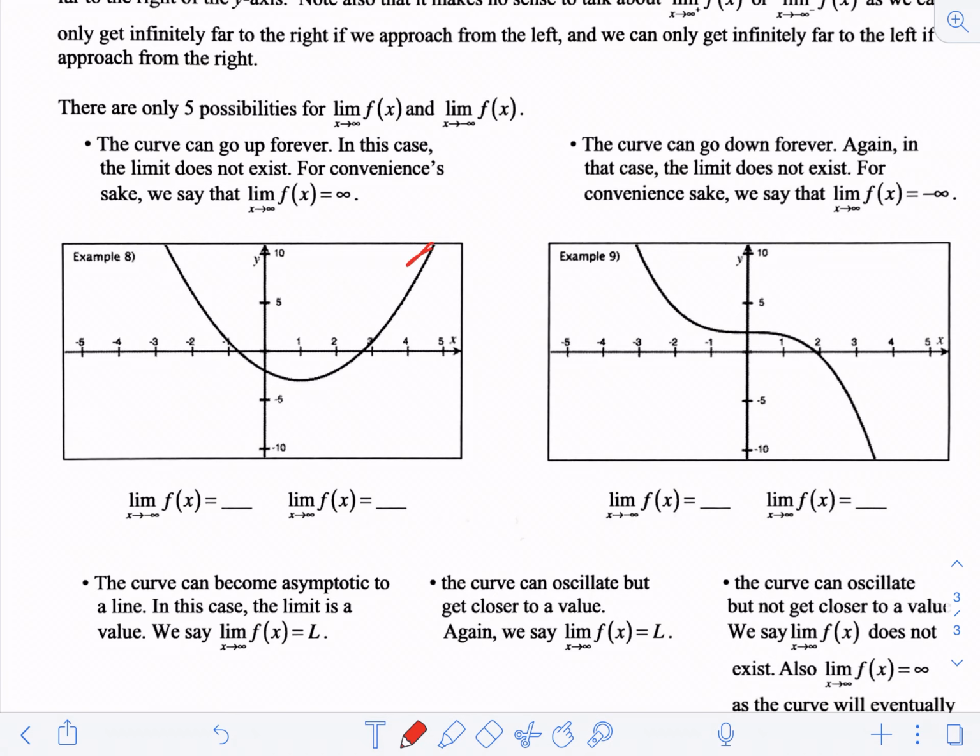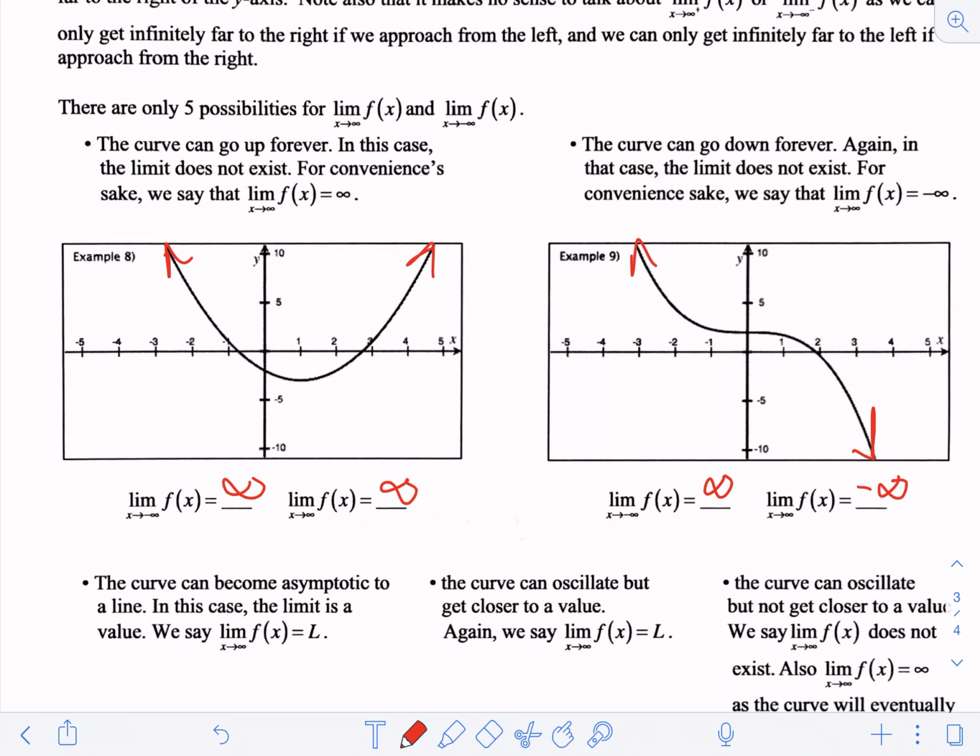If it goes up forever, then we say the limit as x approaches infinity is going to be infinity, right? Or as x approaches negative infinity, that's going to be infinity as well. It could go down forever. So as x approaches infinity, that's negative infinity.